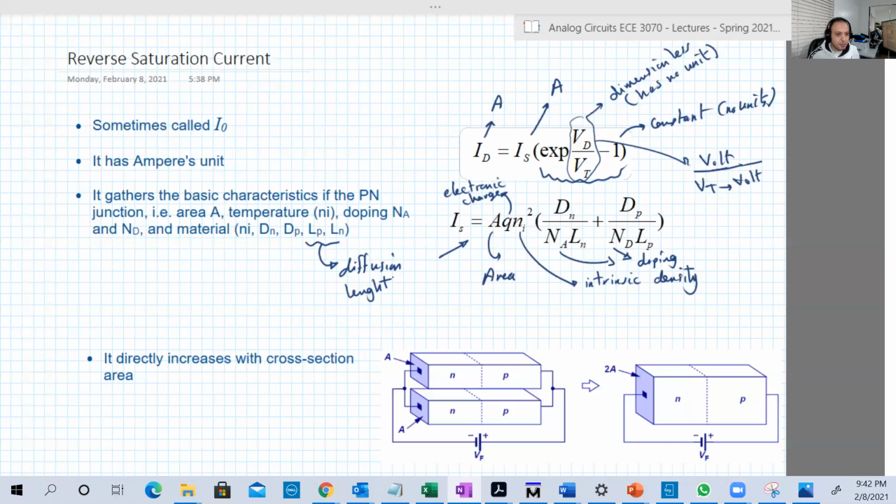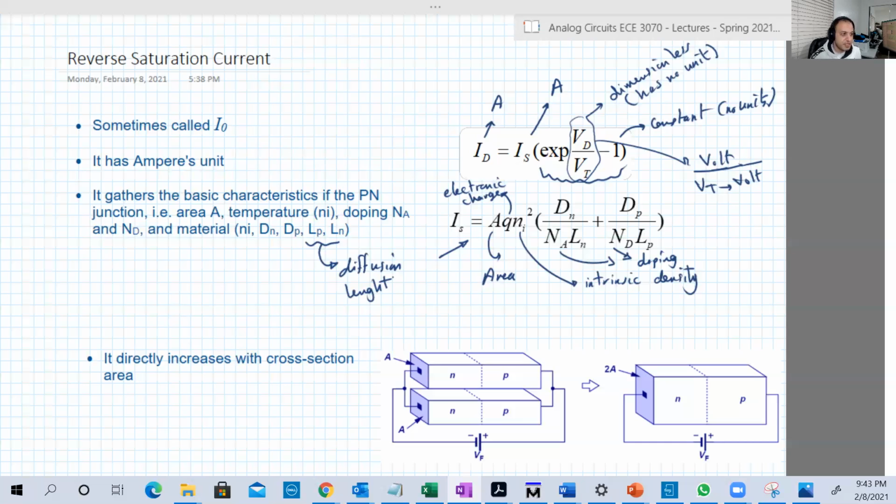It's not our story, but our story is that Is, the reverse saturation current, is a current, and it carries different parameters of the material, like geometry, area, the doping in NA and ND, the temperature in ni, and also the material, because ni is different from material to material and from one temperature to another.